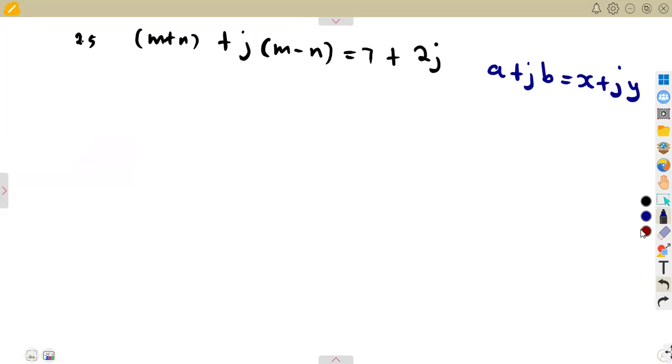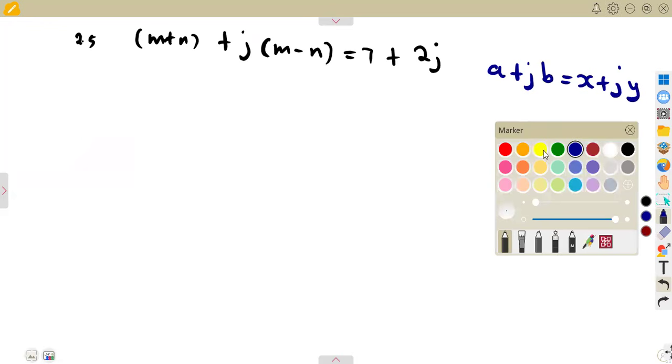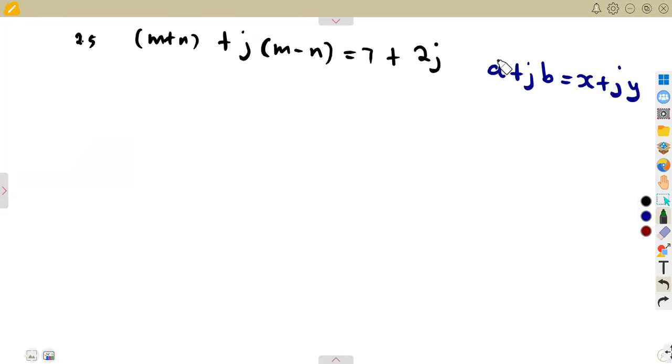If we have these two in the same rectangular format and we are saying they are equal, what does it mean? It follows that the real terms must be equal.